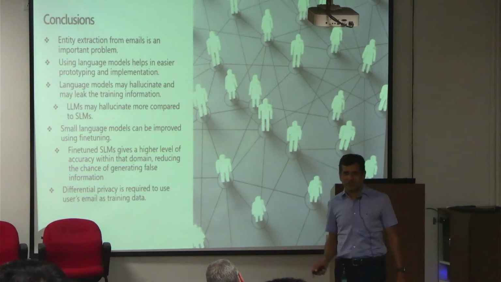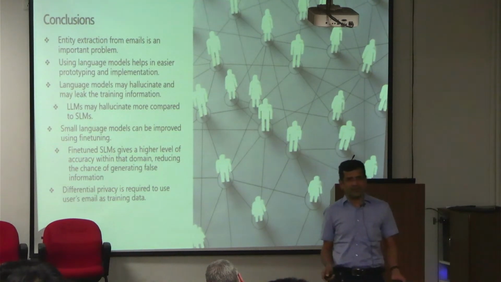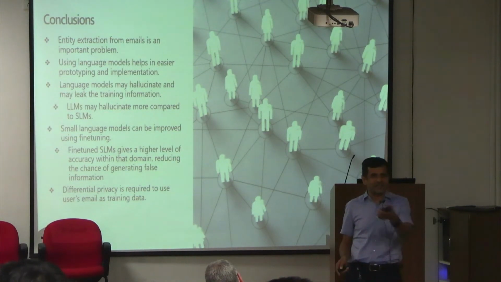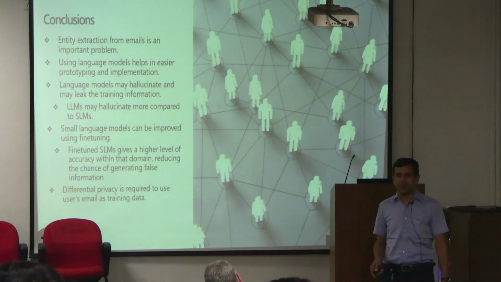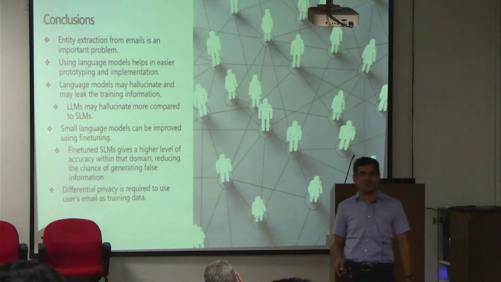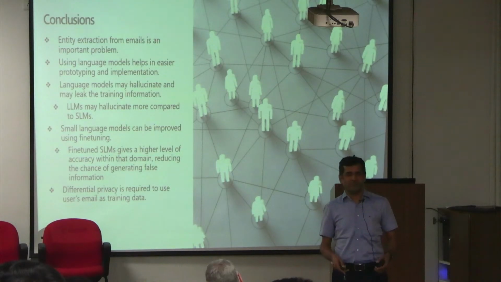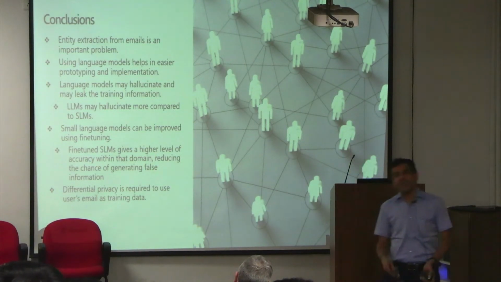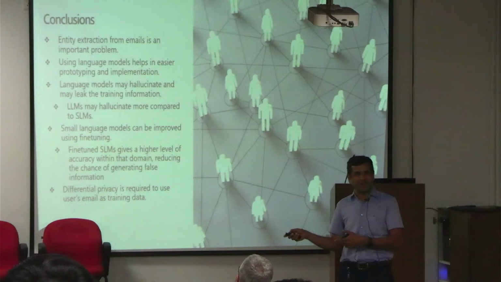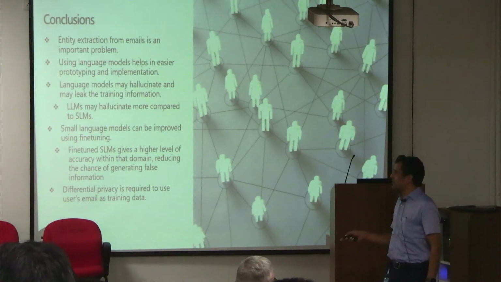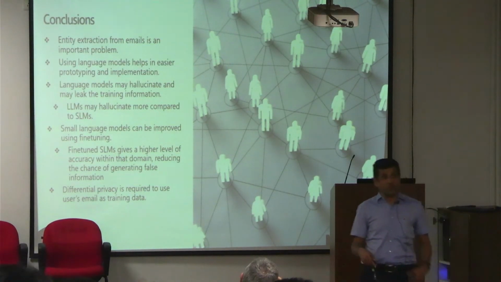Large language models of course work fantastic, but there are a lot of social concerns and cost concerns. So we don't want to use a large language model for each small application. For some applications we can use small language models, but a small language model of course has performance issues. So using fine tuning we can improve the performance.